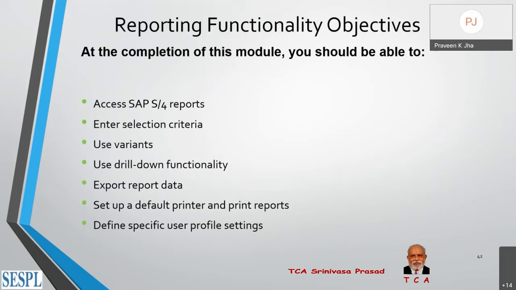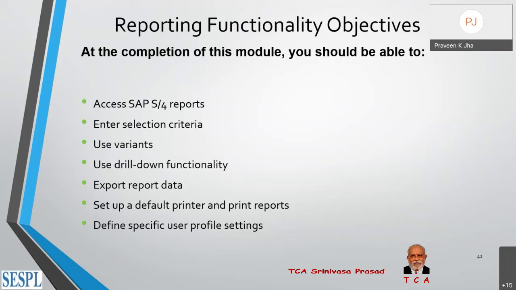Basically, after completing the reporting functionality, we are able to access the SAP reports and enter the selection criteria. While you are executing the report, what will be your selection criteria? You can use your variant, and you can use the drill down functionality. You can export your report to Excel, and you can set up the default printer and print the report as well.